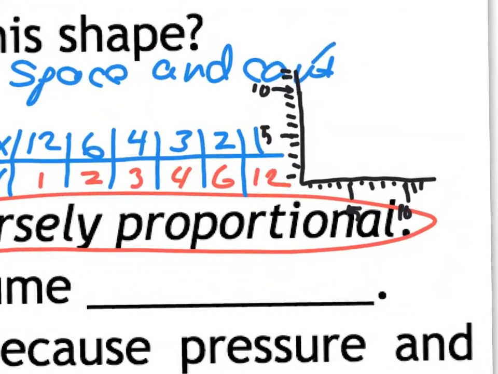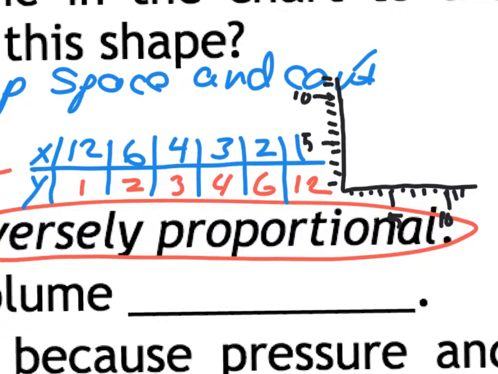So here's my graph and also my values. So again, if x were 12 and y were 1, then we would be talking about this data point. If x were 6 and y were 2, we'd be talking about this data point. If x were 4 and y were 3, we'd have that data point. If x were 3 and y were 4, we'd have this data point.